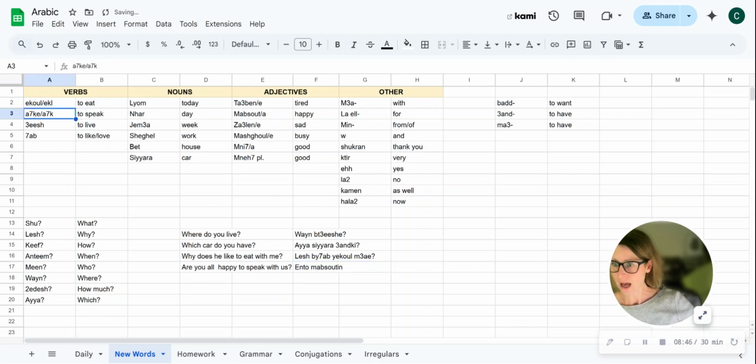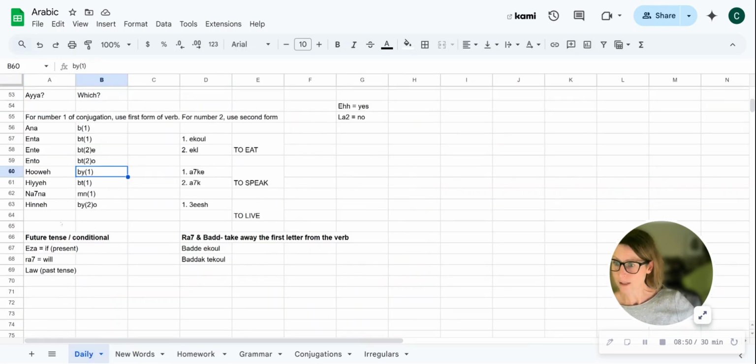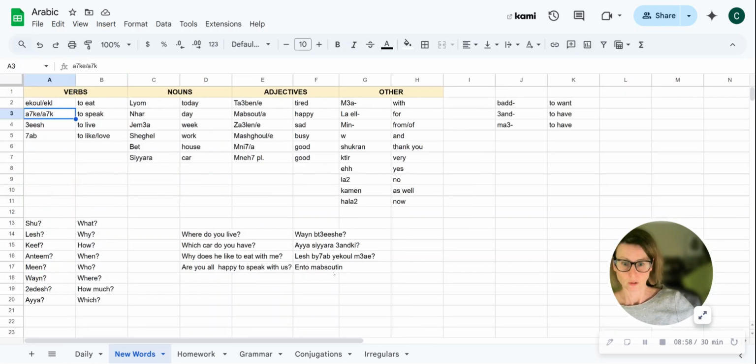So here I have arke, and it's you all. So I'm going to go back to my you all, which is ento, and it's a T and an O. So I'm going to put t, a cool O with us, which would be always ma na is the us.